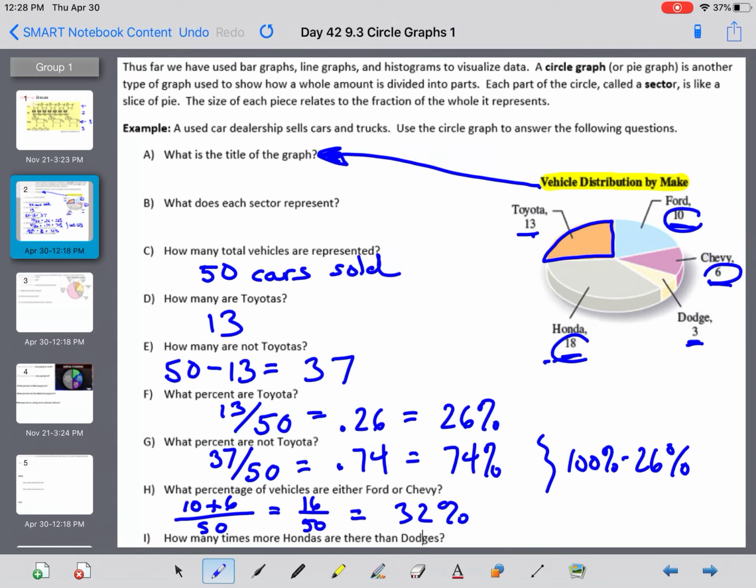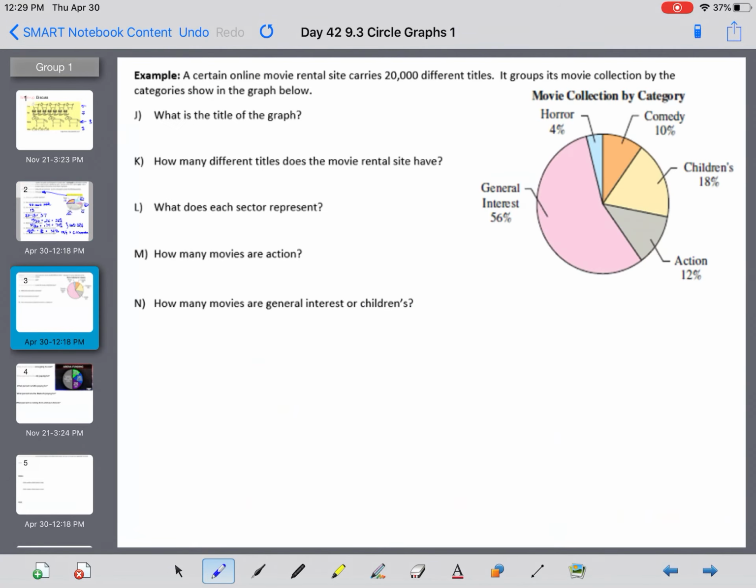Well, let's take a look. Our number of Hondas is 18, and our number of Dodges that have been sold is 3. So 18 divided by 3 is 6. So we sold 6 times more Hondas than Dodges. This is just going through answering some basic questions about a particular pie chart.